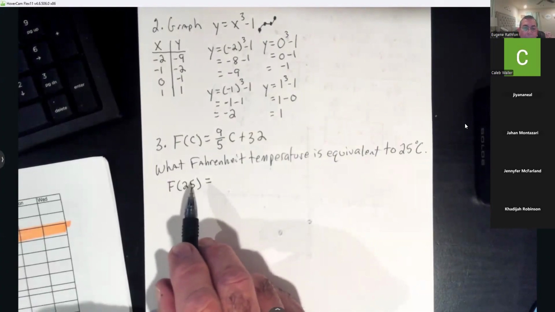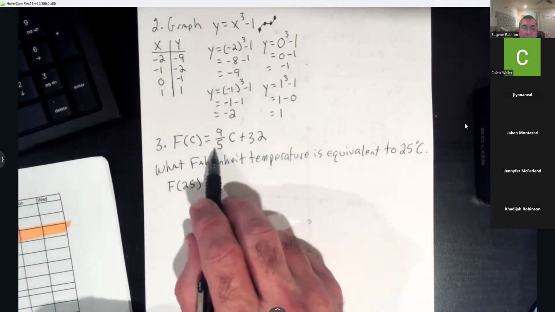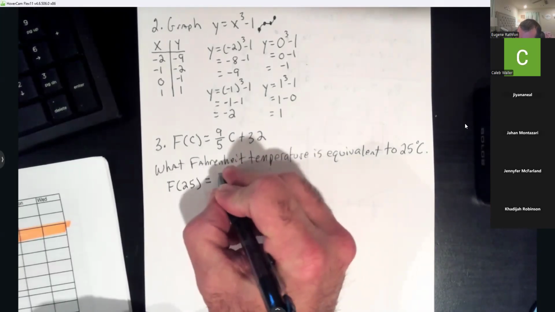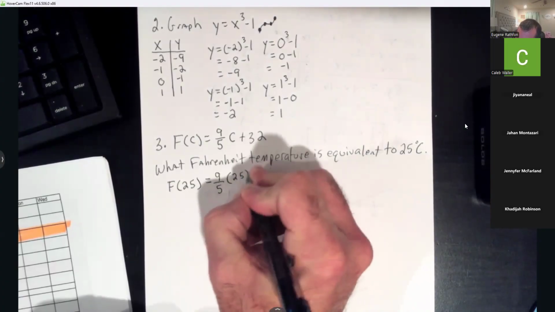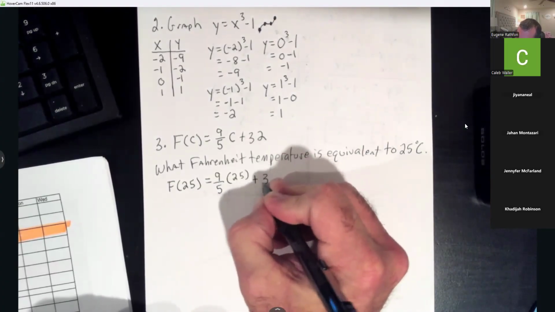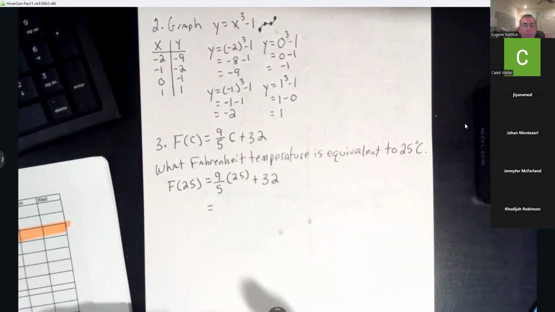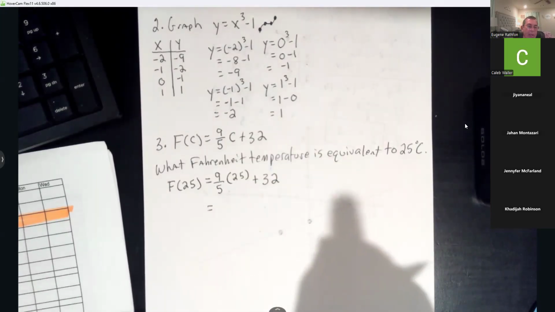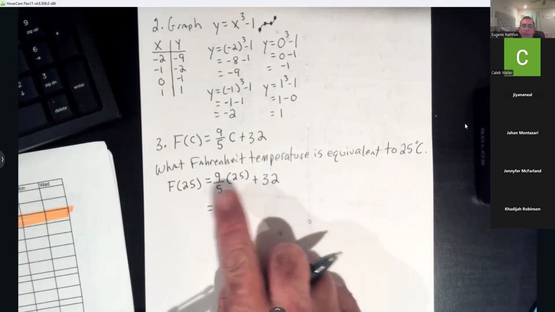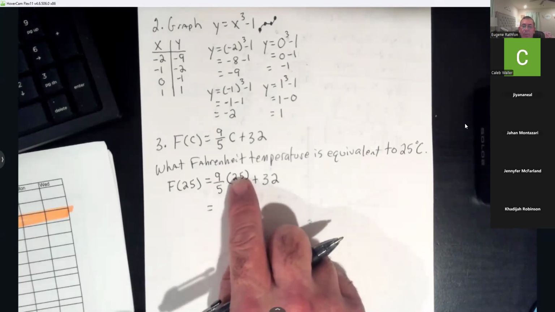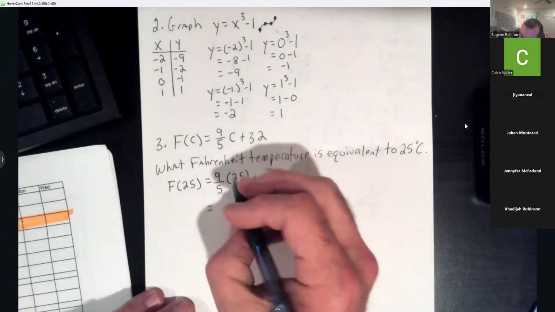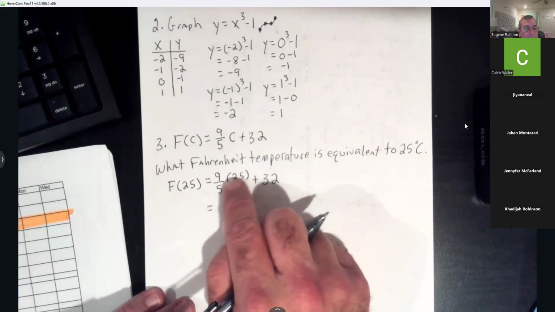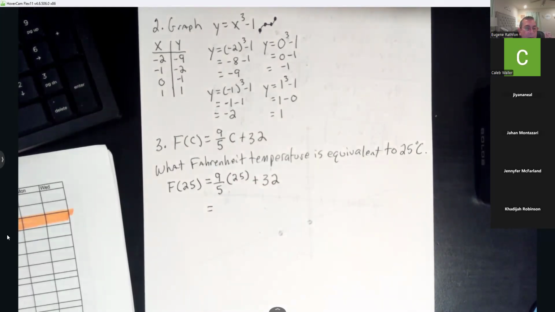All right, y'all. So put 25 in for C, and then we're going to work that right side. So you got 9/5 times C, which is 25, plus 32. So y'all on the calculator, you can punch it in right like we got it. Use the fraction notation and then multiply by 25, add 32. Now by hand, this will sort of cancel like the fractions did a while ago.